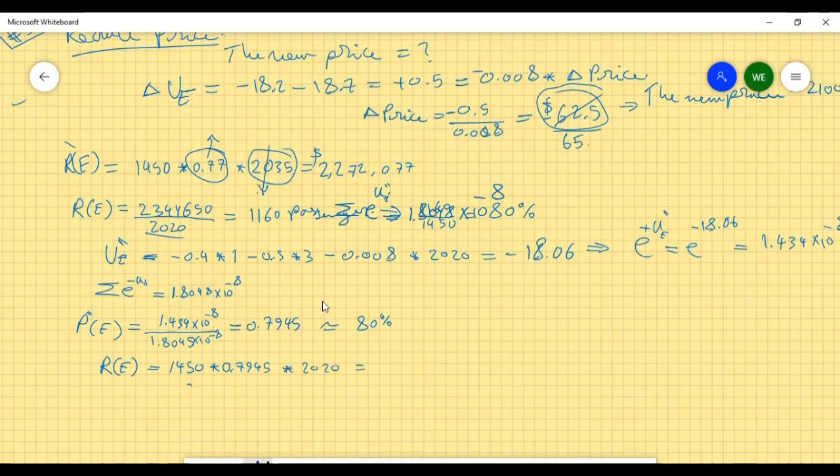So the revenue will be 2,200,302,730, which is almost our target that was here.